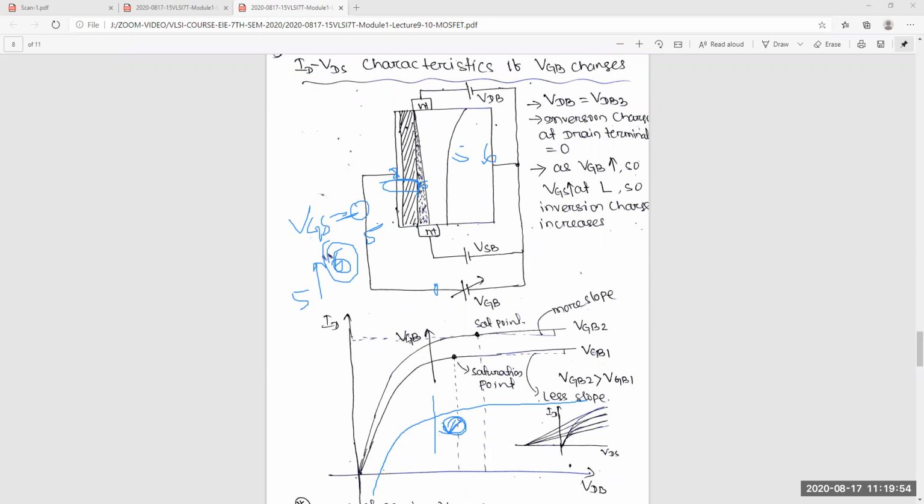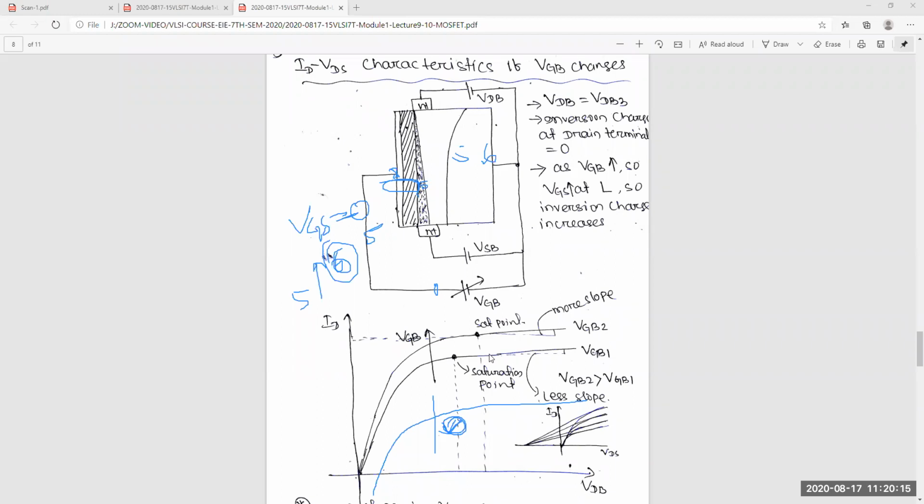If you increase VGB, the threshold point will come after some more VDB. You can visualize how this point is coming. Are you getting it or not?